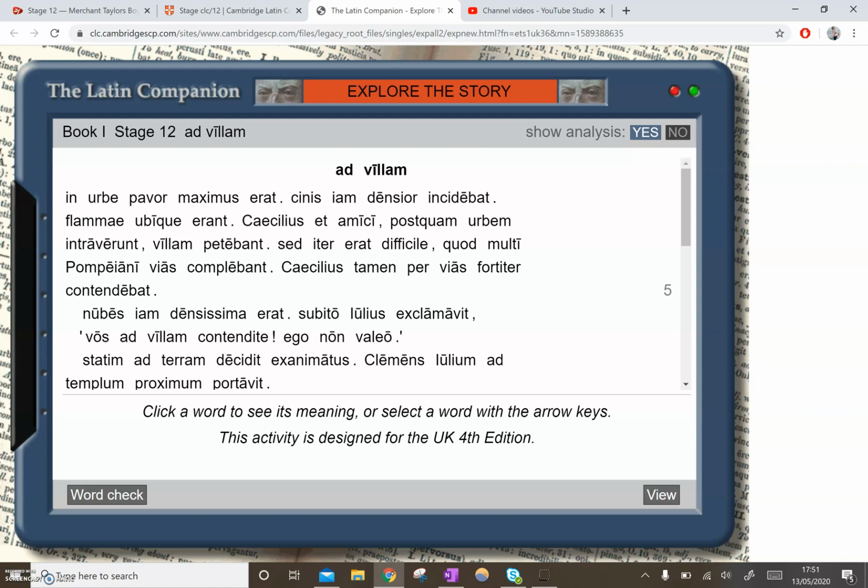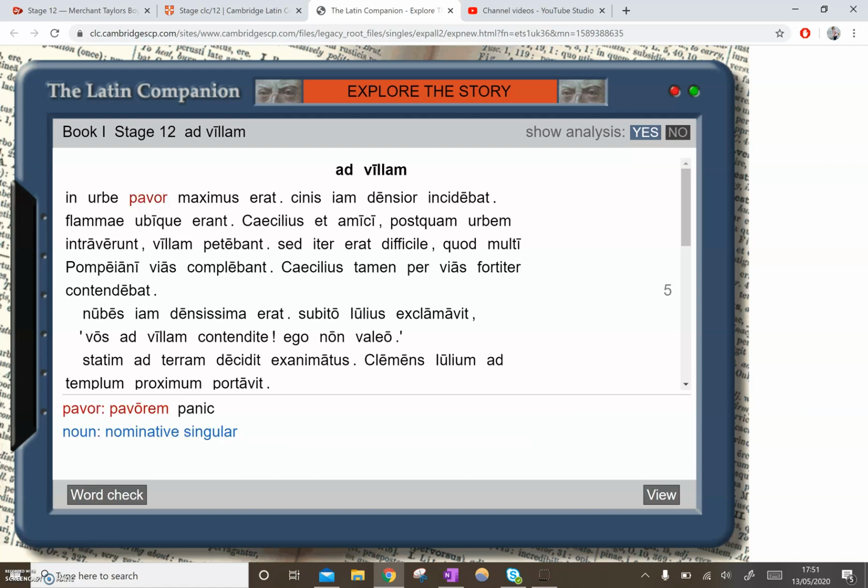In case you didn't know already, if you click on a word in the story, so I've clicked on that word pavor, it will tell you underneath what that word means. It tells me that pavor means panic. It will also tell me whether it's nominative, accusative, or dative. So this one is nominative. And it will also tell me if it's singular or plural, which is really handy. So this one is singular.